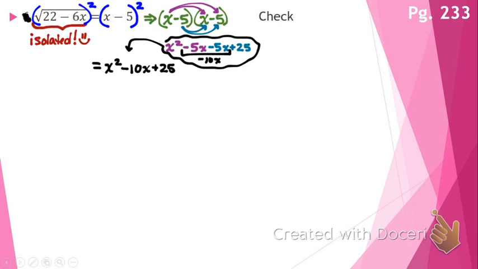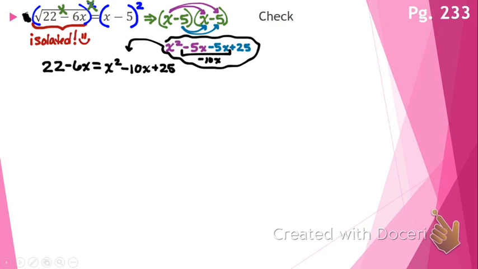What do I have on the other side? 22 minus 6x, because the squared and the square root will cancel each other out. There's something that I notice at this point that's really important and will determine my next steps. Who sees it? You almost got there.